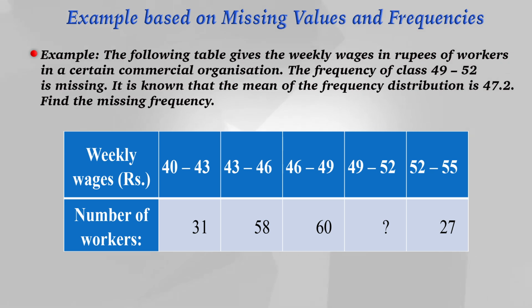Then for the next example, we have taken classes of weekly wages, and the number of workers, that is the frequency, of the first 3 classes is given, but the frequency of the 4th class is missing, and the frequency of the 5th class is also given. It is also known that the mean of the frequency distribution is 47.2. So, in that case how do we find the missing frequency?